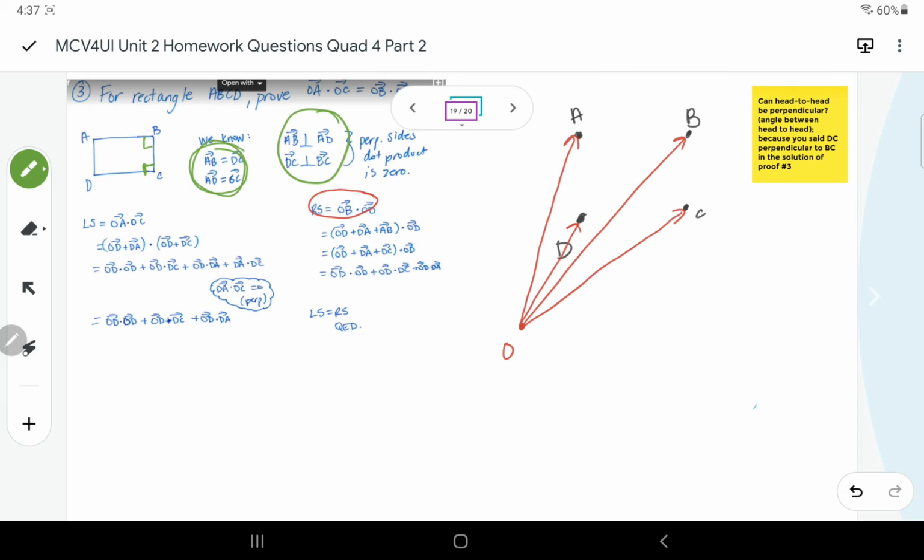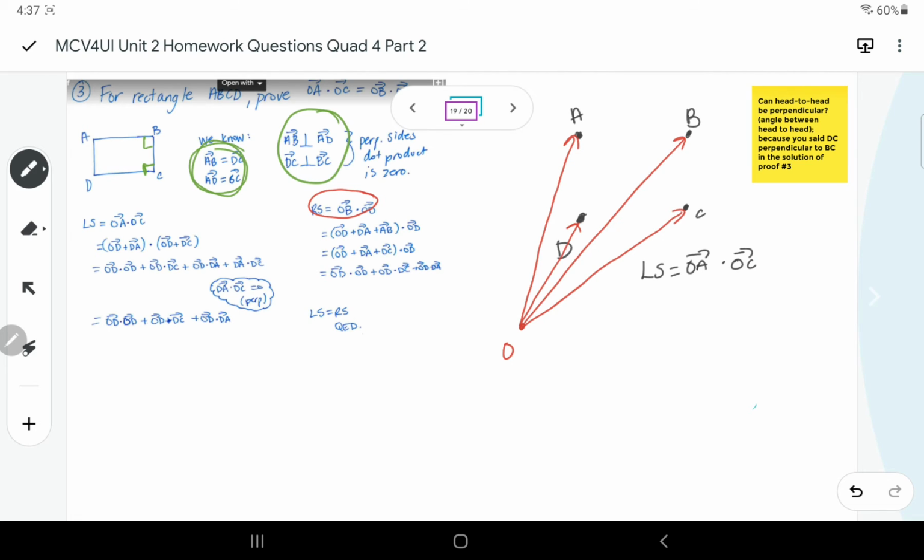Okay. So what I really wanted to do here is get a way of looking at each of these sides, my left side and my right side. So for the left side, I had OA dot OC.